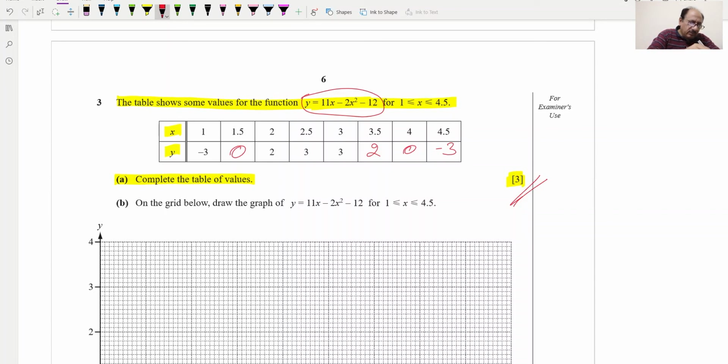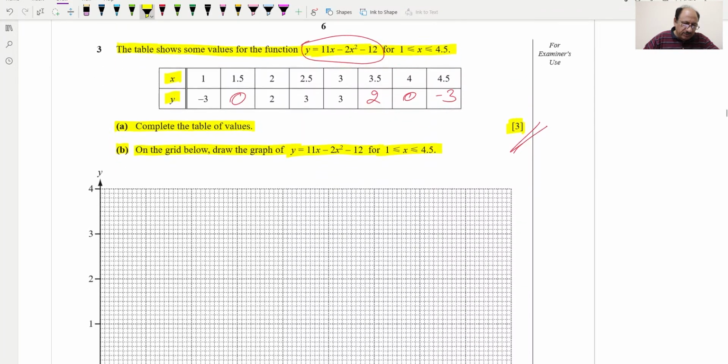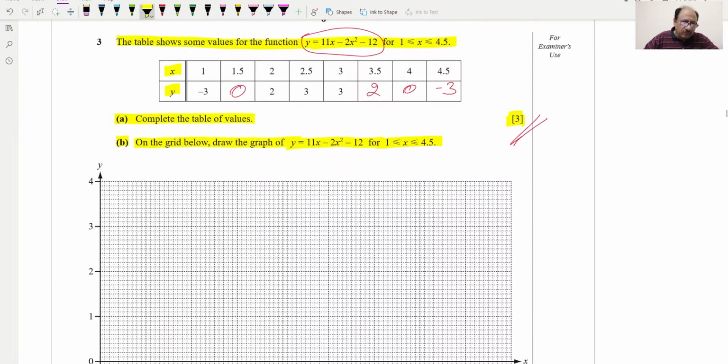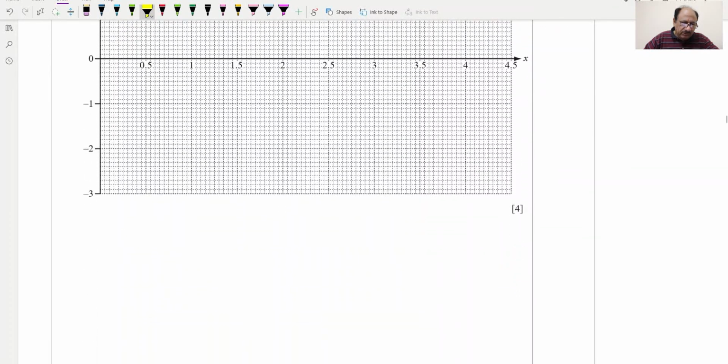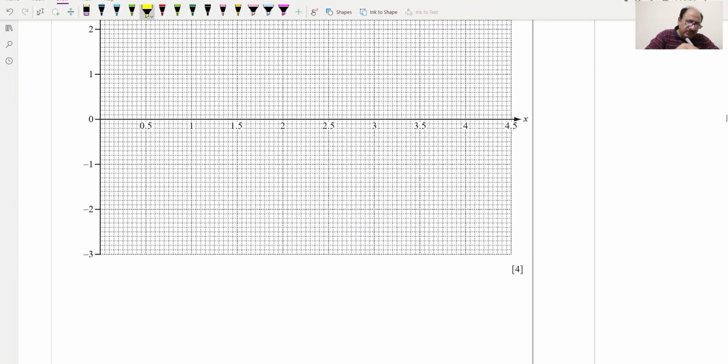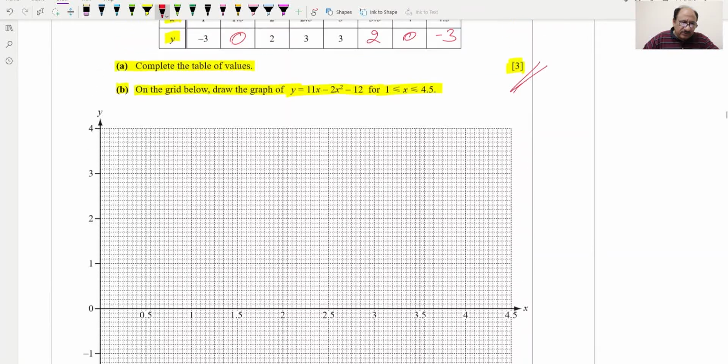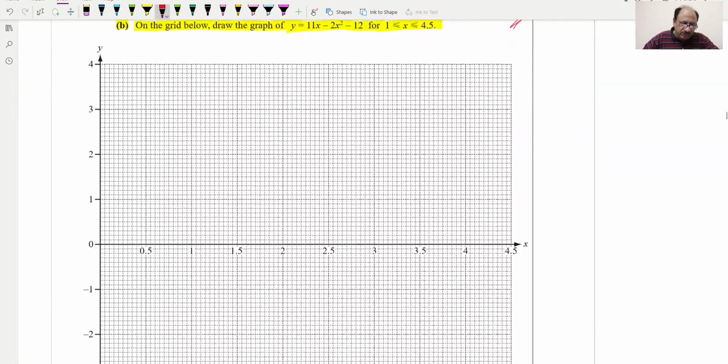Now B part. On the grid below, draw the graph of y is equal to this one, which is the same curve from 1 to 4.5. So we will be using this table of values, and our first point is 1 and minus 3. 1 and minus 3 is this point, and the second point is 1.5 and 0.